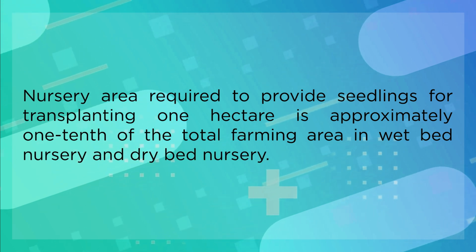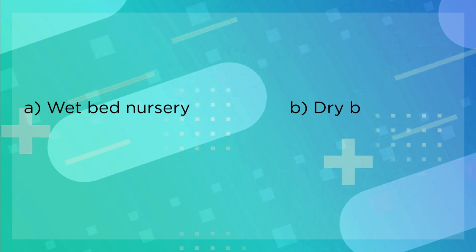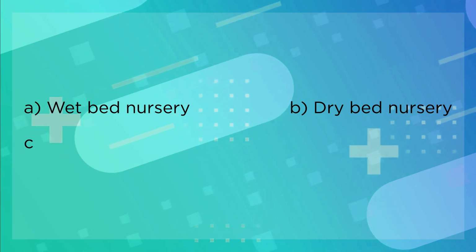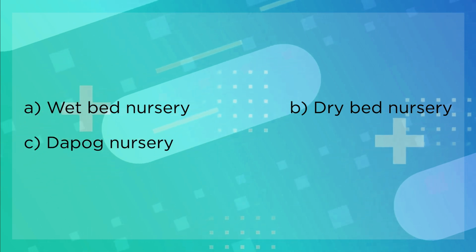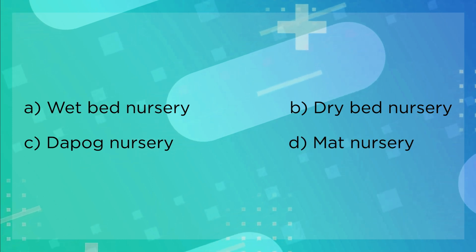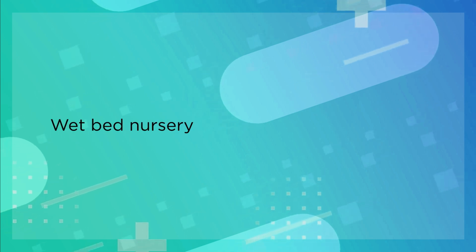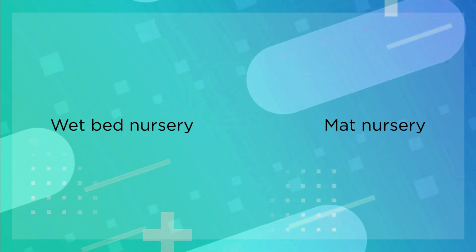The different types of rice nurseries are: number 1, wet bed nursery; number 2, dry bed nursery; number 3, depot nursery; and number 4, mat nursery. In this video we will discuss the wet bed nursery and mat nursery.